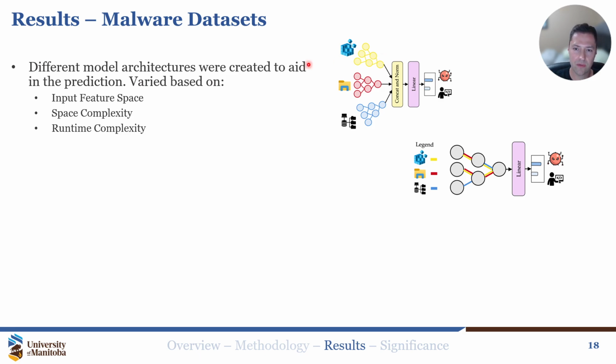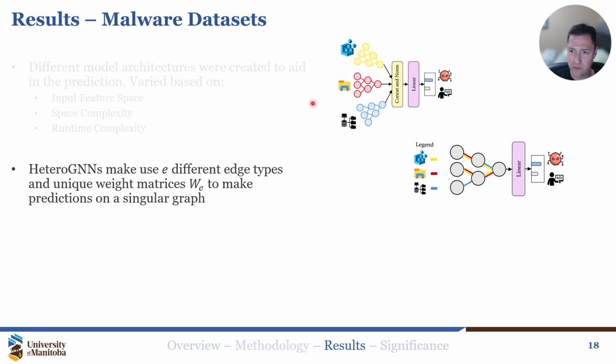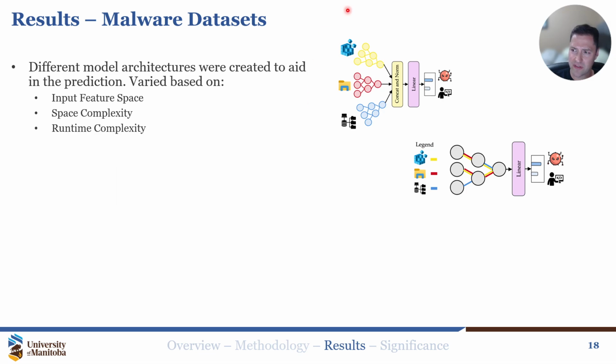One of the things naturally done later is that we can vary input space complexity, interfeature space complexity, and runtime complexity. Those are the three things that vary based on the model. Let's start with the one up here. We considered each model separately and looked at the macro accuracy and F1 score thus far.